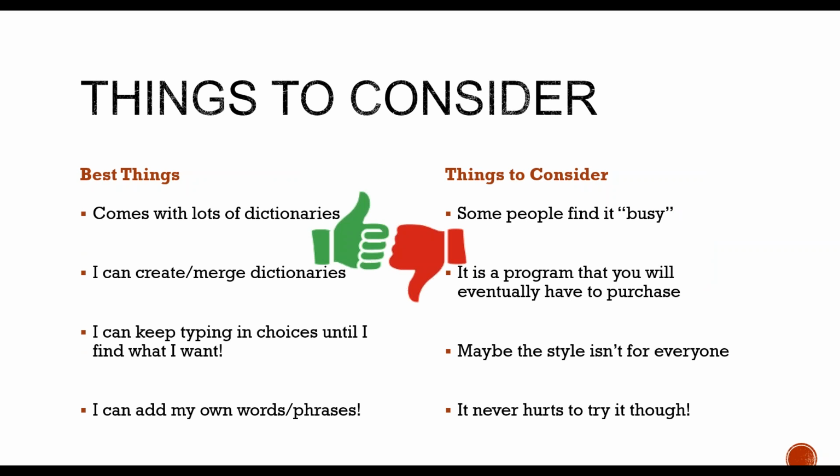The best things about it, it comes with lots of dictionaries already built in, and that's what I was alluding to before. When I needed to be up and running and just hit the floor at 100 miles an hour, it had 4 dictionaries already there. I think I have it in here that there's at least 14,000 entries. It's incredible. You can also merge the dictionaries, which I'll show you I did.